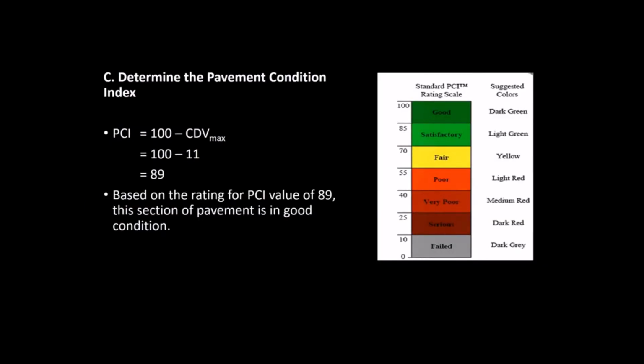Part C, determine the pavement condition index, PCI. PCI equals 100 minus CDV max. Therefore, we get PCI equal to 89. Based on the rating, for a PCI value of 89, this section of pavement is in good condition.